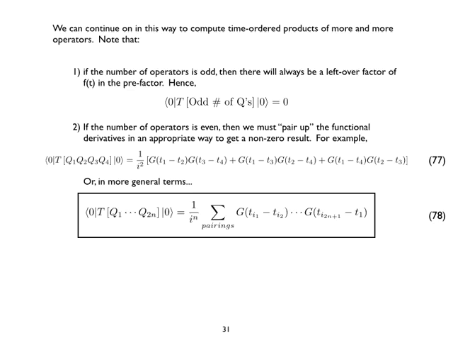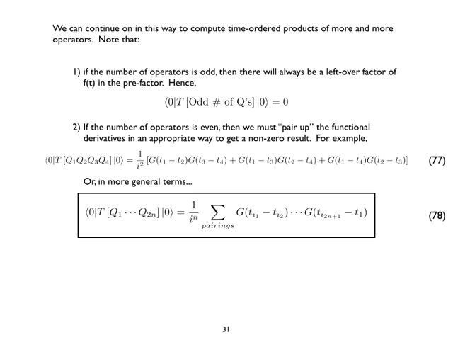Compute the time-ordered product of 45 position operators. You're going to be like, 0, and they're going to sit there and try to come up with some nonsense, and then they're going to get a 0 because they didn't take this class. All right. Anyway, so anytime you have an odd number of operators, it's a 0.